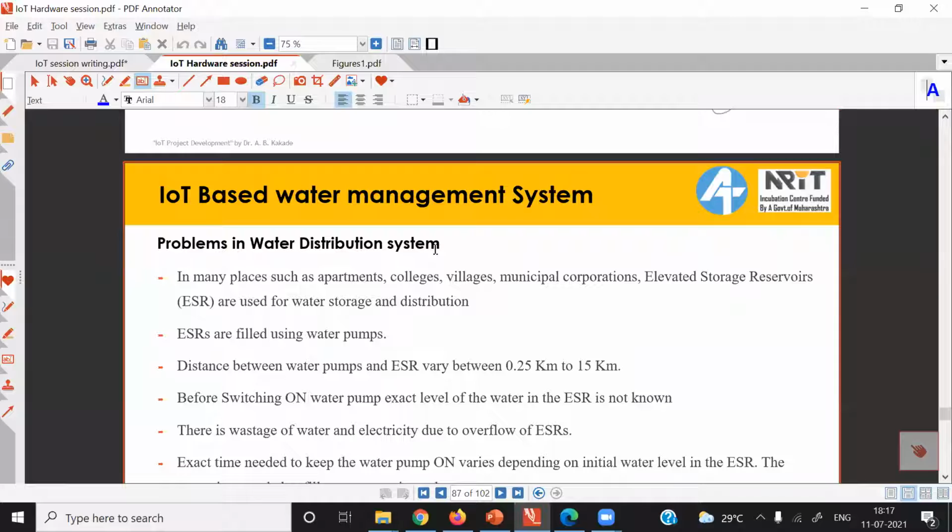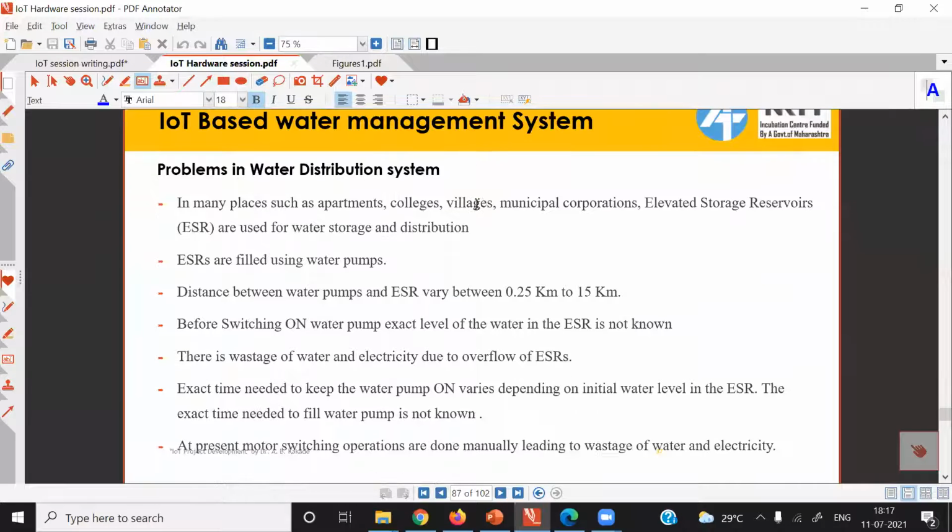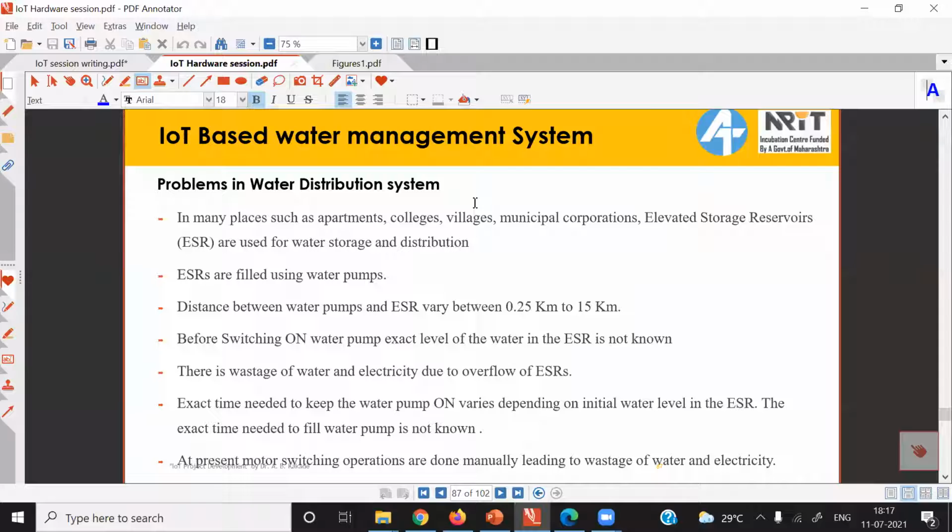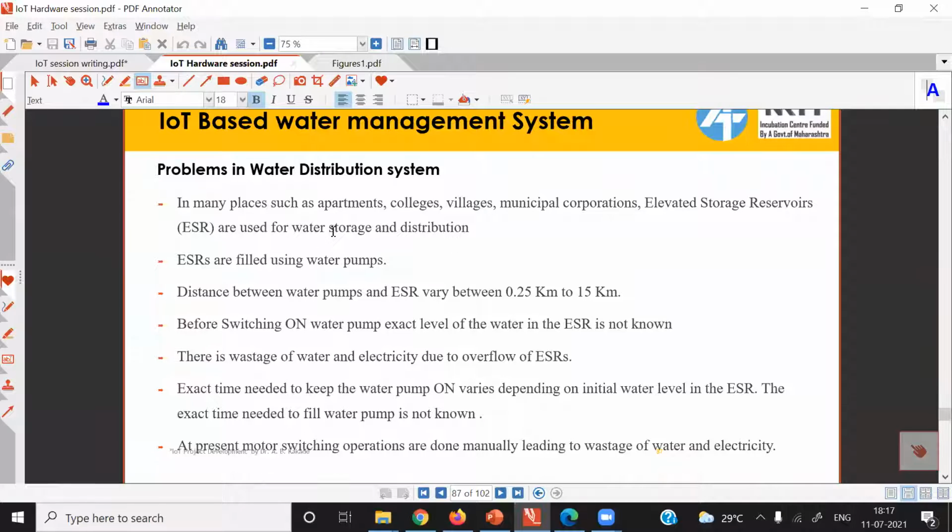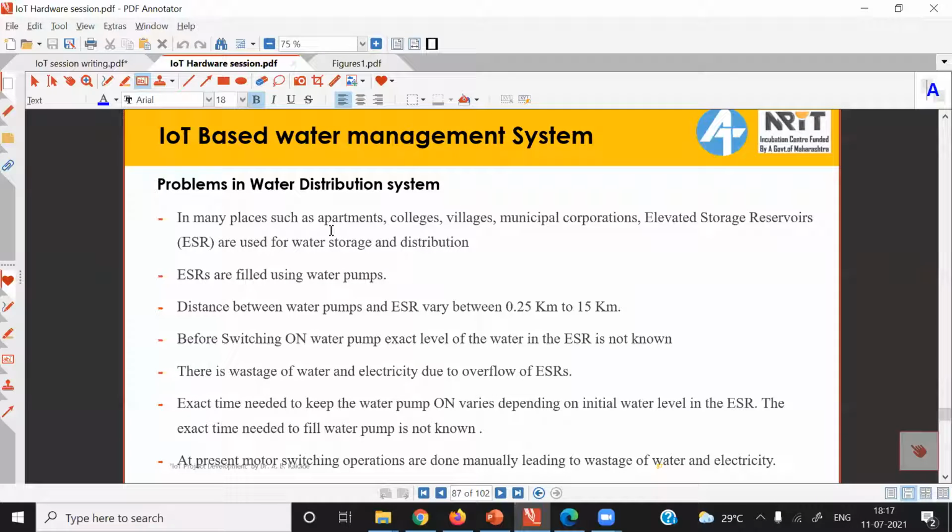Then another project that I want to discuss is the IoT based water management system. This system we have practically implemented on our campus. The problem in water distribution is overflow. Many times there is overflow if the motor pump is not switched off at the right time.